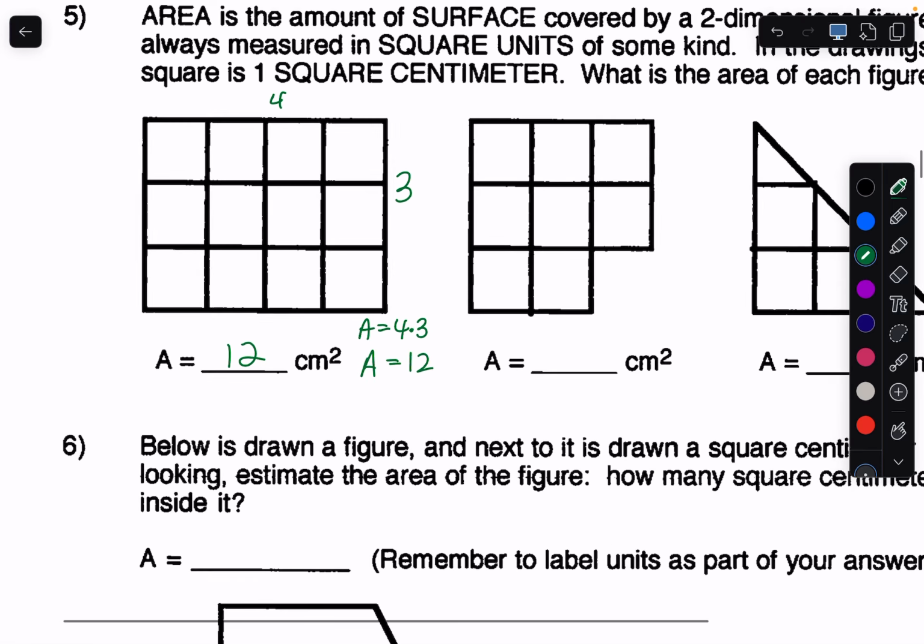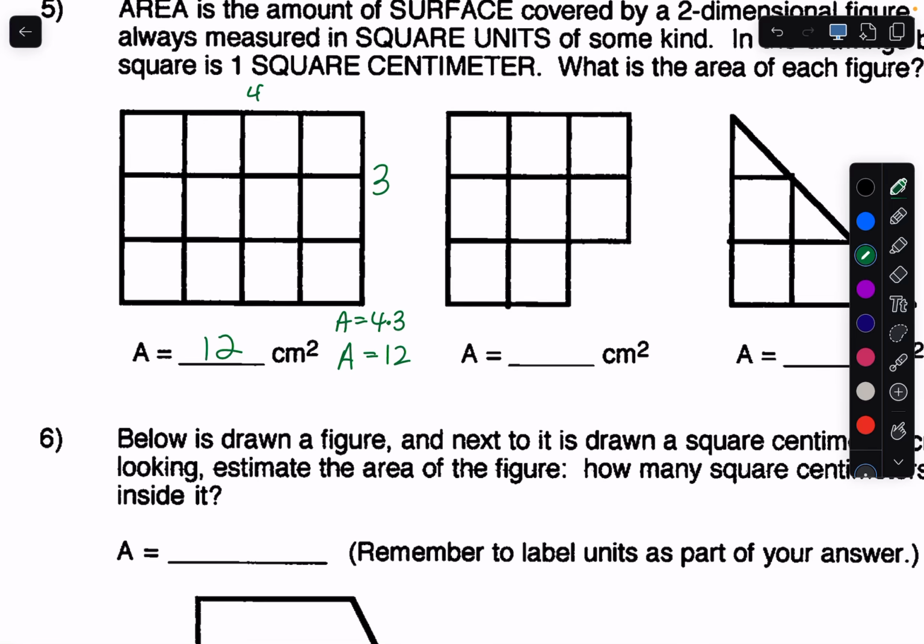Now, what's the difference in this one is we got a chunk missing. So you can do some logic, but there's not many to count, but they're perfect squares. So 1, 2, 3, 4, 5, 6, 7, 8 would be our answer.